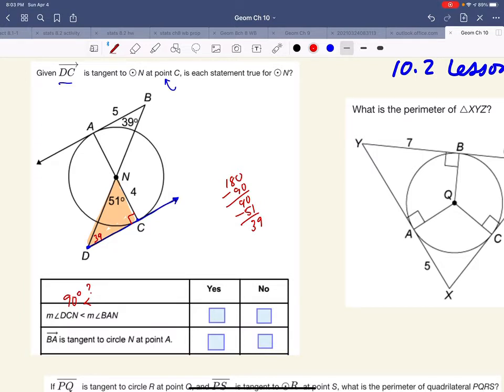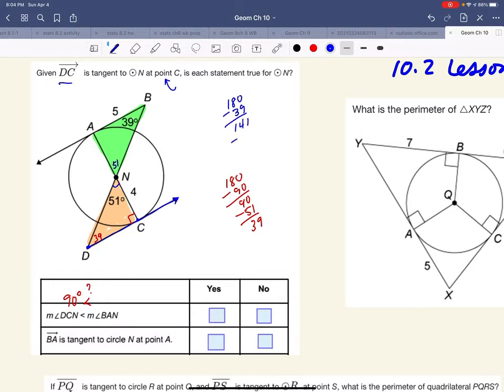Then we notice that this is a vertical angle. So if this angle is 51, this angle also has to be 51. And we can compare it to this triangle. Triangle BAN also has to add up to 180. So you have 180 take away 39, so you get 141.